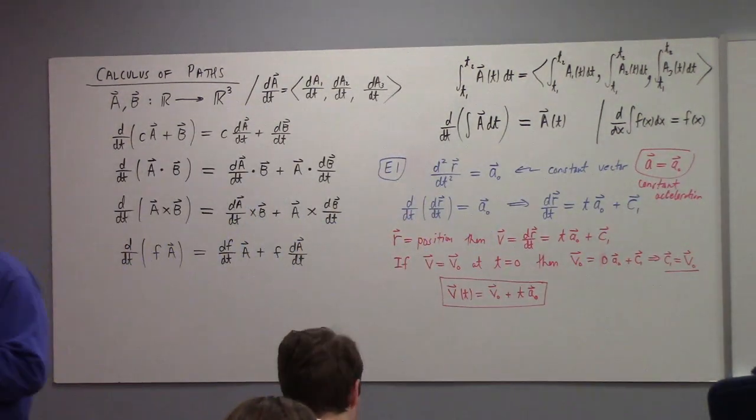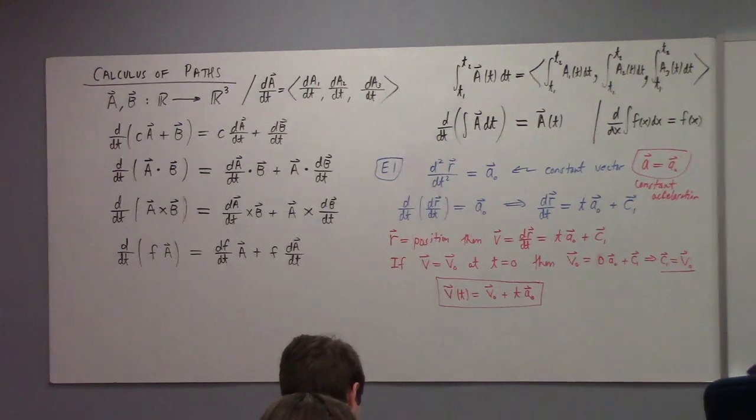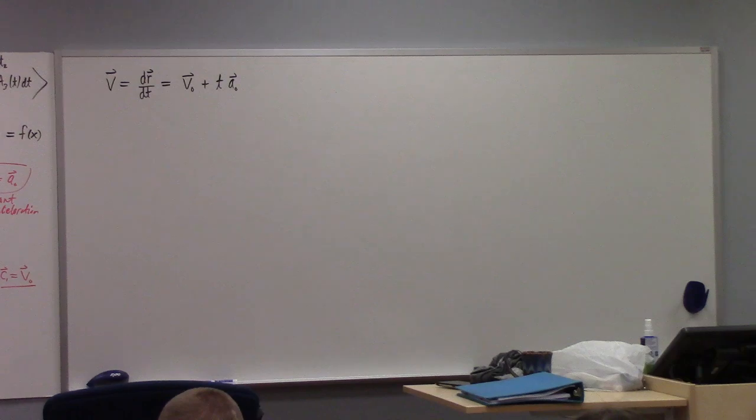I didn't write the integral sign last time. I just wrote an implication and said, hey, you integrate both sides. Let me be more explicit this time. You guys are fine, but I'll write the integral this time. So let's integrate this equation.